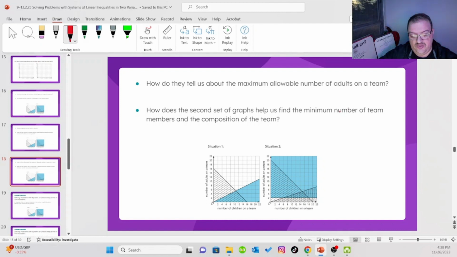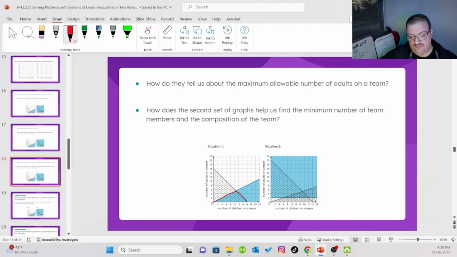It also has to stay below this solid line because the number of children can only be twice as much as the number of adults. So we know that the maximum number of adults must be below these 2 solid lines or on those 2 solid lines.